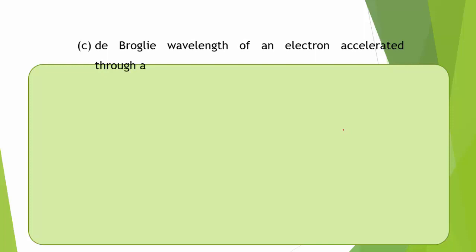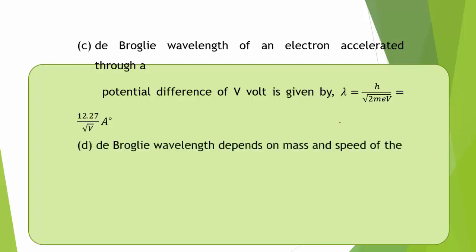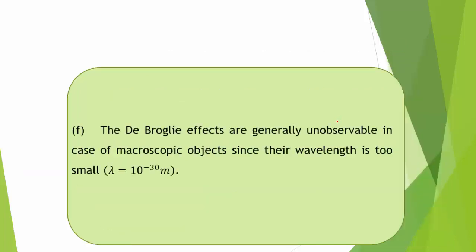And the next property is de Broglie wavelength of an electron accelerated through a potential difference of V. Already you know that standard formula, lambda is equal to 12.27 divided by root of V angstrom. And the next property is the de Broglie wavelength depends on mass and speed of the moving particle, and it is also independent of charge and nature of the particle.